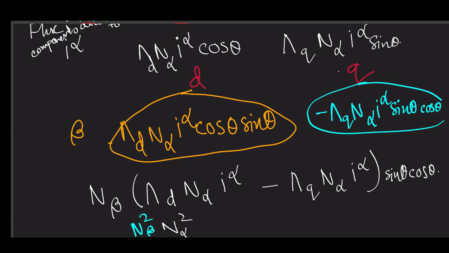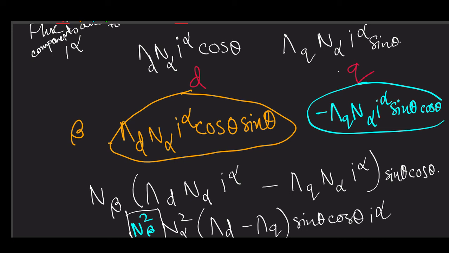Both are same, any one you can write. So let us write in terms of n alpha square lambda d minus lambda q sin theta cosine theta I alpha.